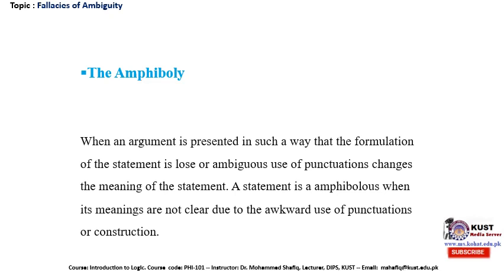But in the same phrase, if we change the punctuation and put the comma after not rather than friends, saying friends not, and then masters, that would entirely change the meaning of the phrase. That would mean that they are not friends but masters. So punctuation can change the meaning of the whole statement.